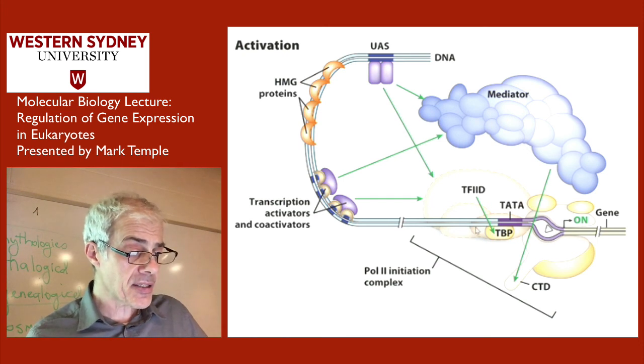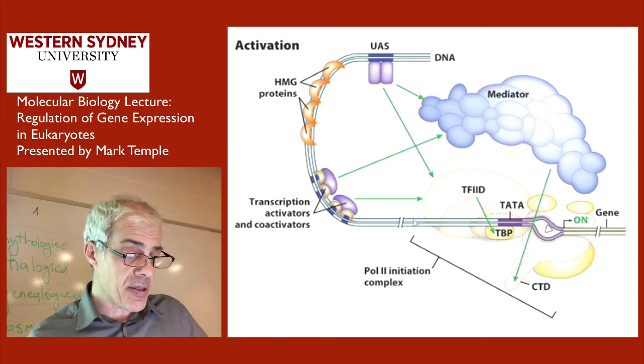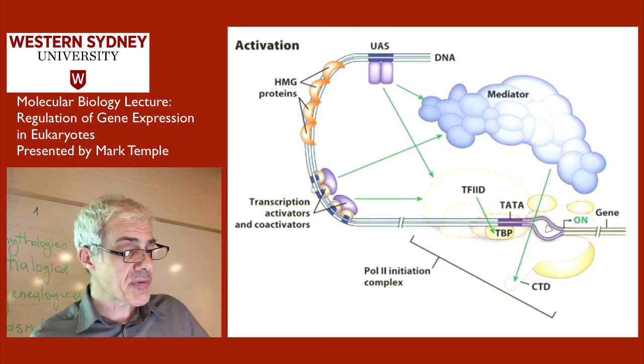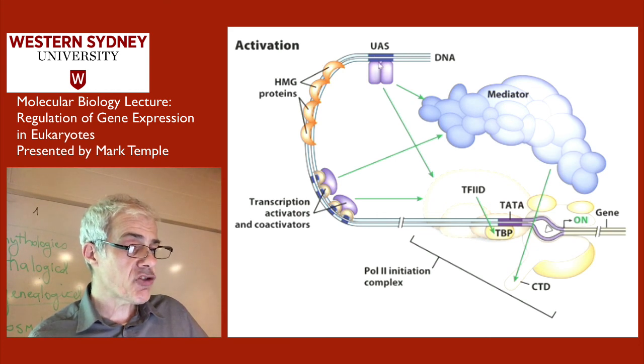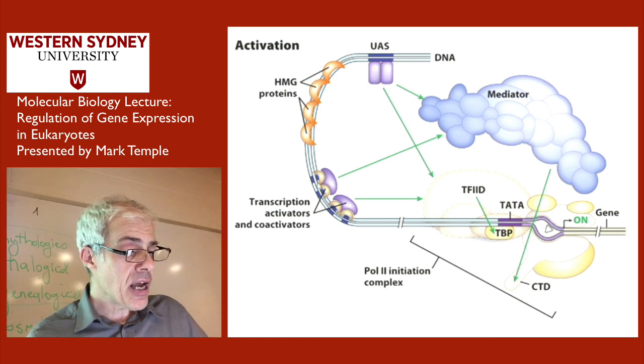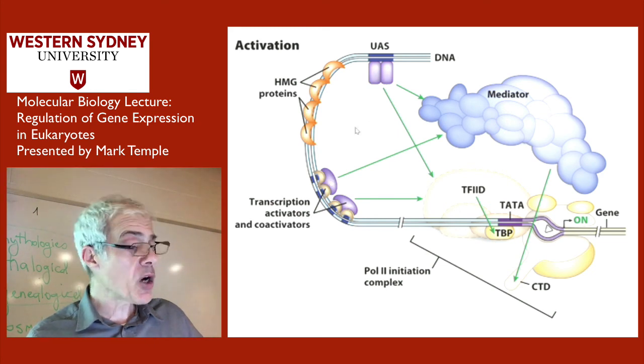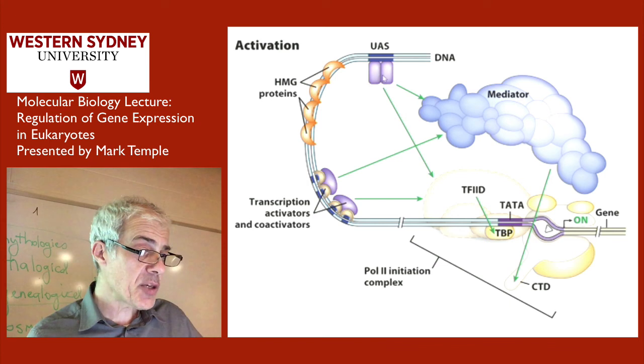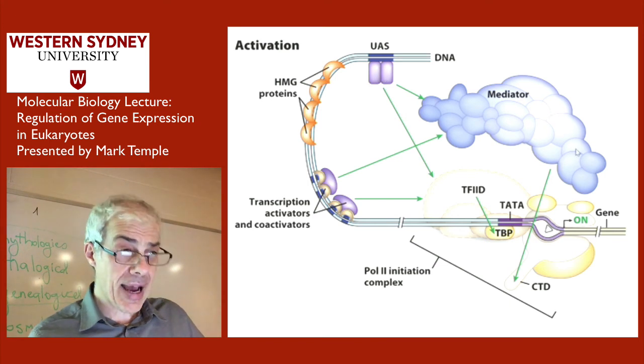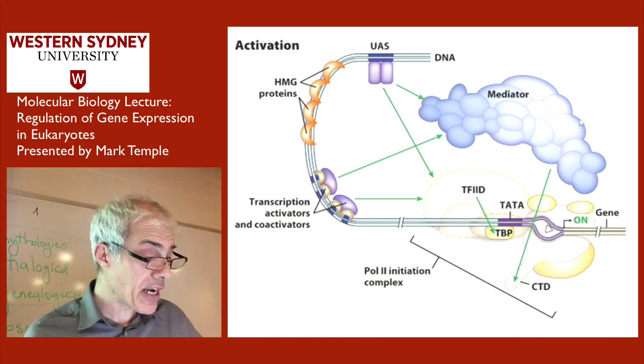Once this is in place, either close by or more distantly, you've got binding sites for transcription activators shown here. These transcription activators can be bound by co-activators, and then it's protein-protein interactions between these proteins and this big cloud of proteins we've discussed before, the mediator complex.